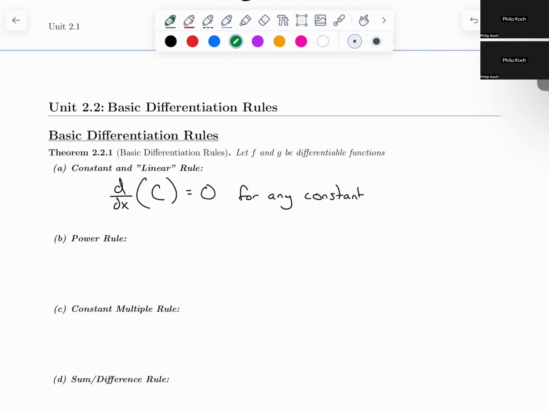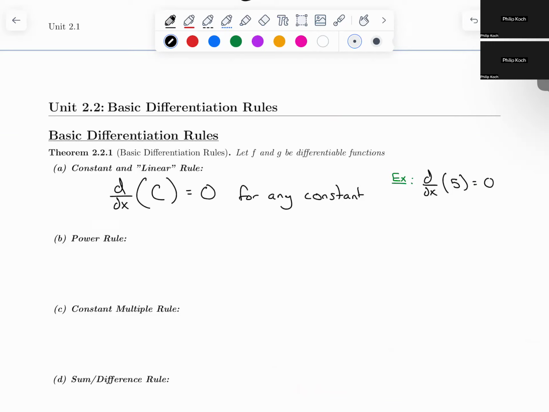So as an example, d dx of 5 is just equal to 0. Exactly right. You can prove this to yourself visually with a graph, because any constant function is just a flat line, as Louis suggested.